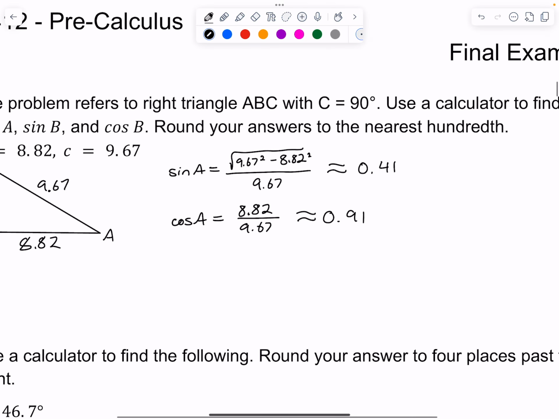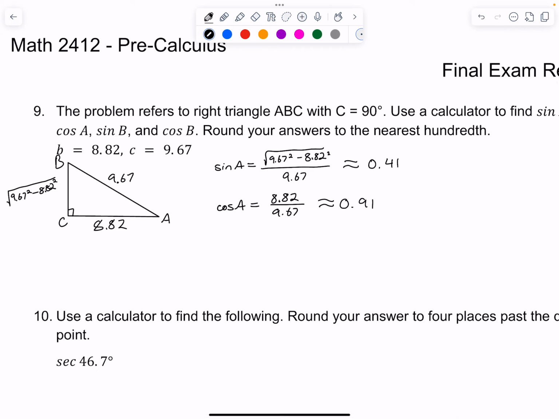From here, I don't need to do any more math because I know that the sine of B is equal to cosine of A because they're in the same triangle. So it will be approximately 0.91. Similarly, the cosine of B is the sine of A, which is about 0.41. And these are our four answers.